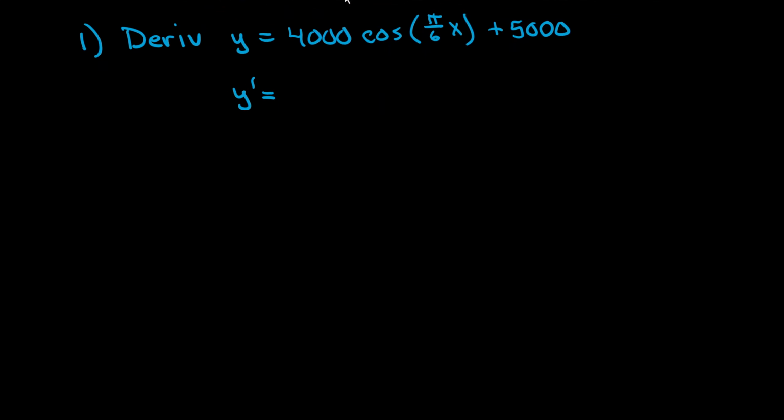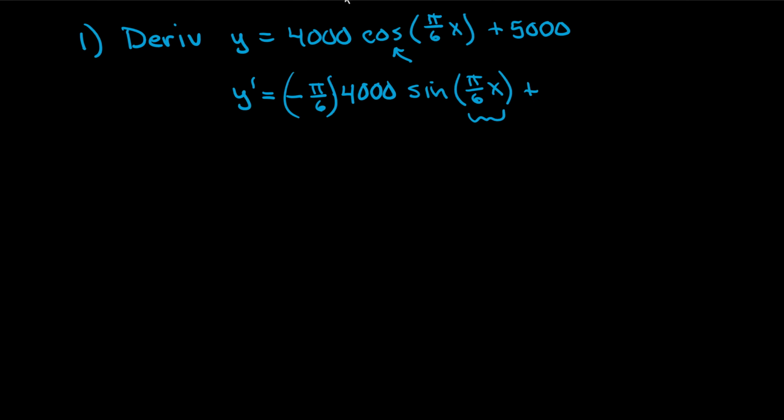The derivative is going to be our 4,000. When we take the derivative of cosine, that's going to be negative sine of pi over 6 times x. Remember, this is a chain rule, so I next need to take the derivative of the inside, which gives me a pi over 6 here.